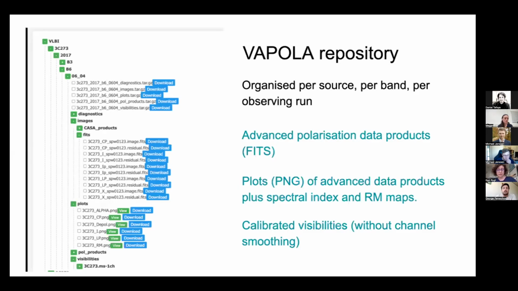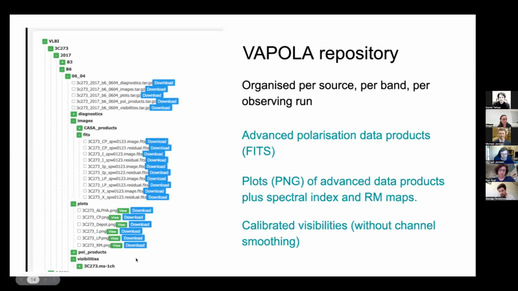In particular, if you go to images and FITS files, which are over here, there are all the advanced polarization data products based on the four spectral windows. So you will have Stokes I, the linear polarization, circular polarization, linear polarization fraction, and polarization angle. You will also have the PNG plots of some of those polarization products, plus the spectral index map and the rotation measure map.